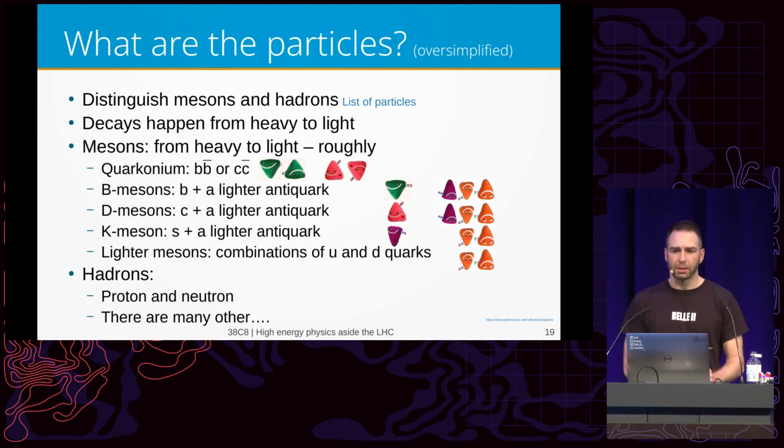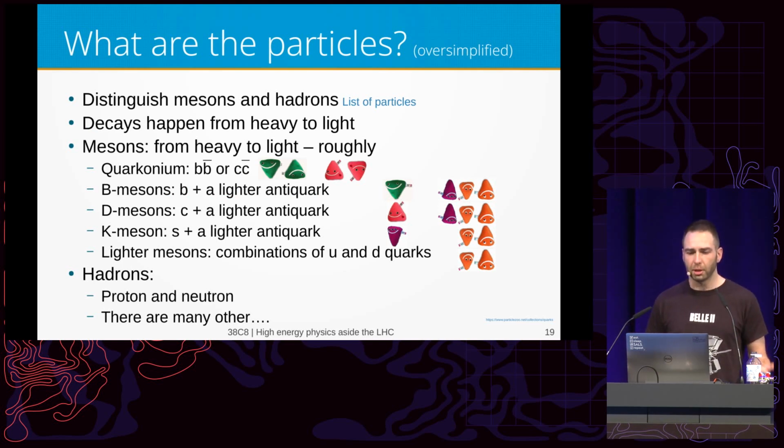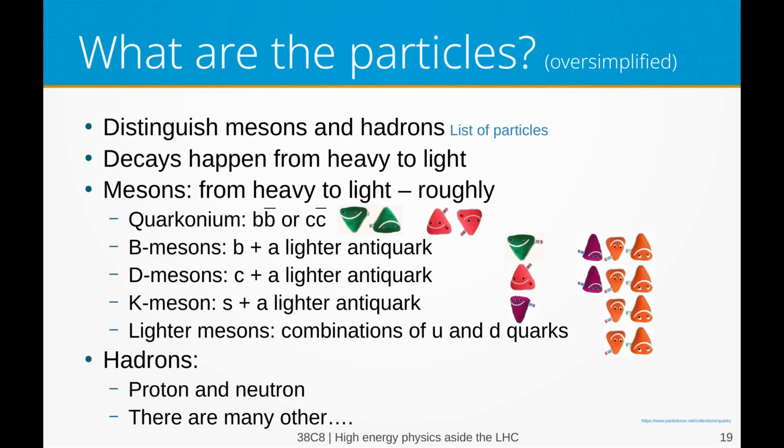What are these other particles? Now we get to the really oversimplified part. First of all, we distinguish 2 types of composite particles: mesons, which combine a particle with an antiparticle, and hadrons, which usually combine 3 quarks. This is a link to the list of all particles that we know of on Wikipedia, and there are a lot of them.